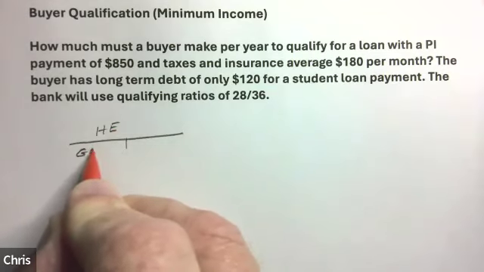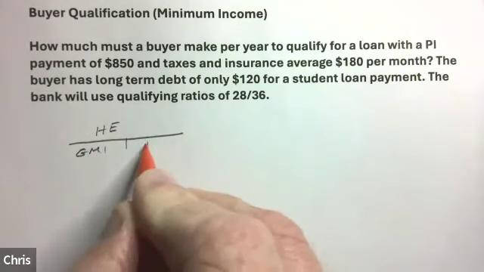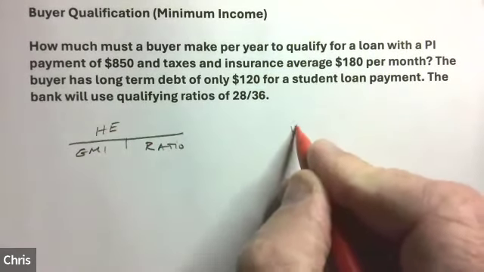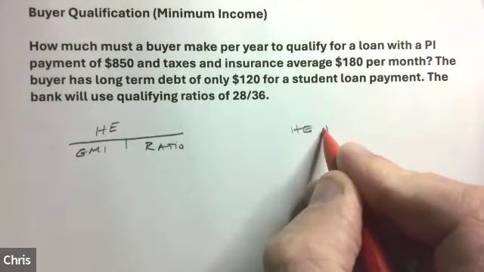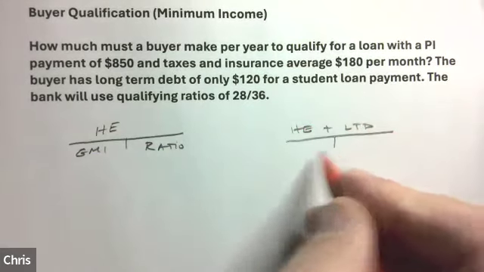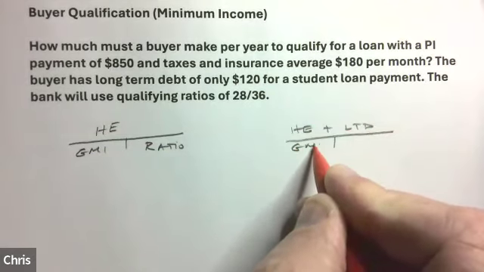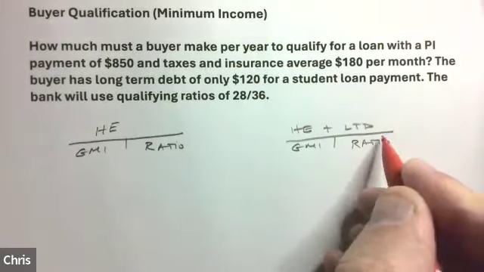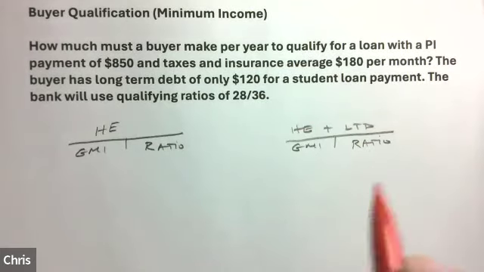All right, so housing expense over gross monthly income and ratio. Back end, housing expense plus long-term debt over gross monthly income and ratio. Start plugging things in. Hope something good happens.